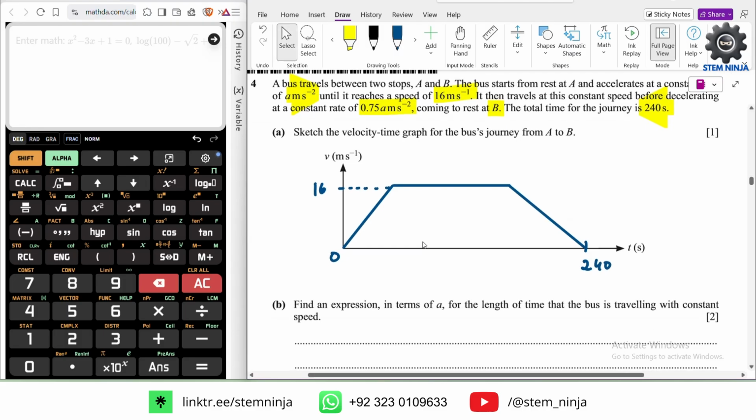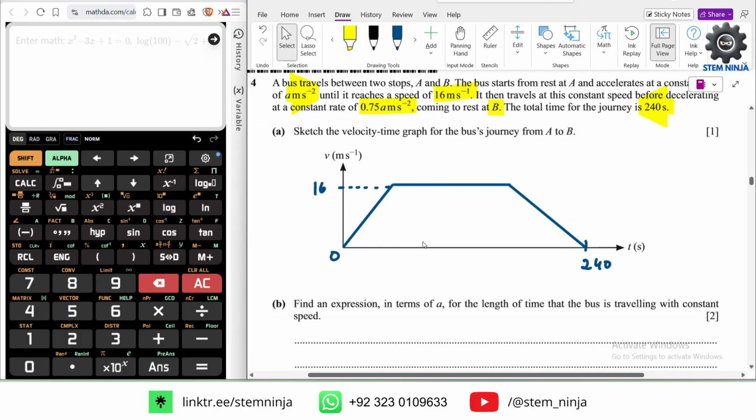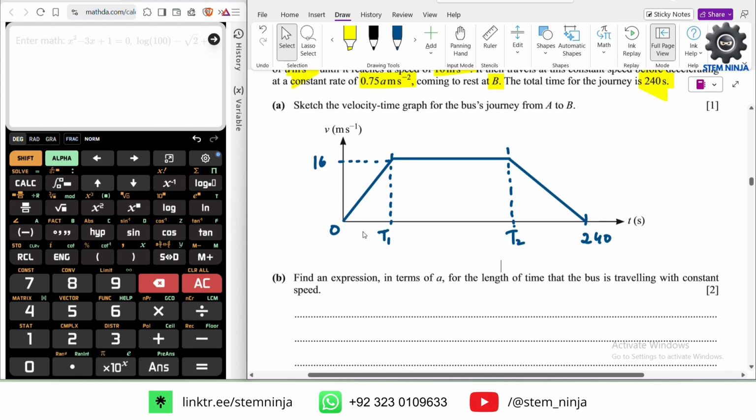Find an expression in terms of A for the length of time that the bus is traveling with constant speed. So basically they are asking for this time. Let's say between T capital 1 and capital 2, so T2 minus T1, that's what they're asking. The total journey is 240.